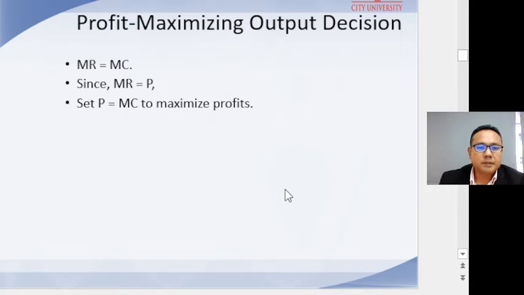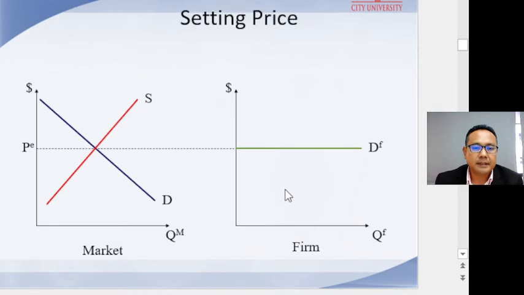So this concept is used to determine how much output we want to produce for our firm, so that we can maximize profit, because we can't determine our price anymore.